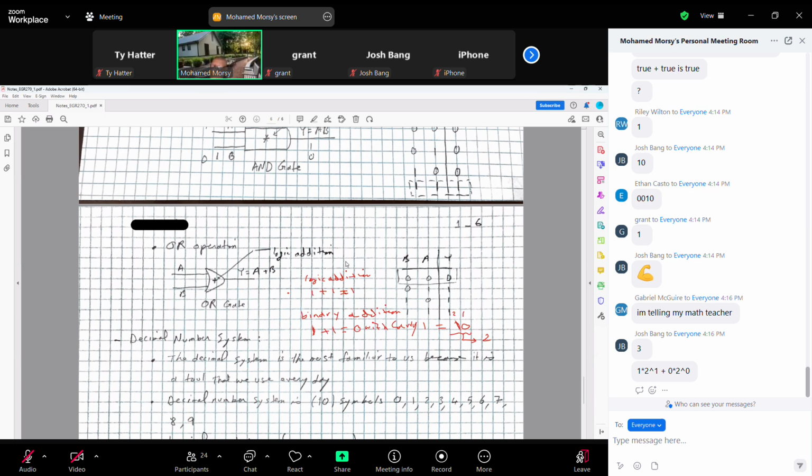We'll talk about this conversion in detail, so don't worry. I just mention it because some students unfortunately get confused between logic addition and binary addition. Logic addition is completely different than binary addition. In logic addition, we add 1 plus 1 is 1 as a function of the gate.